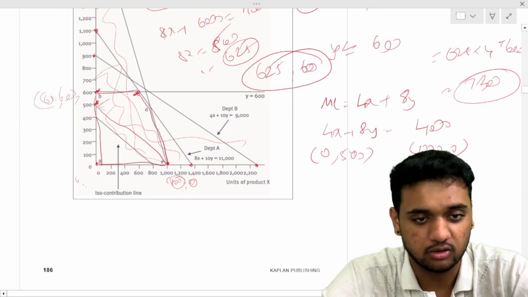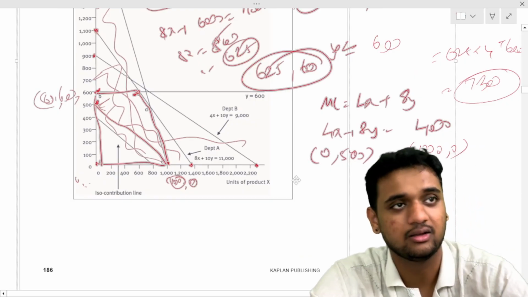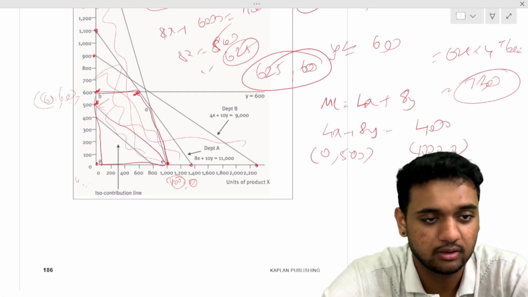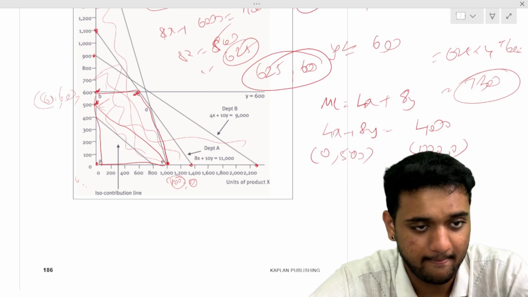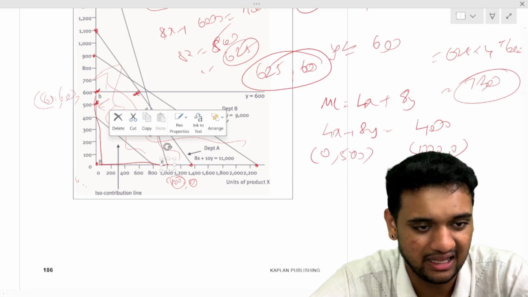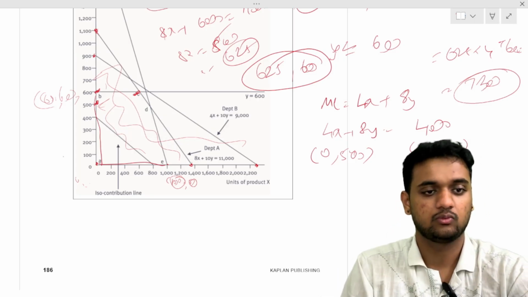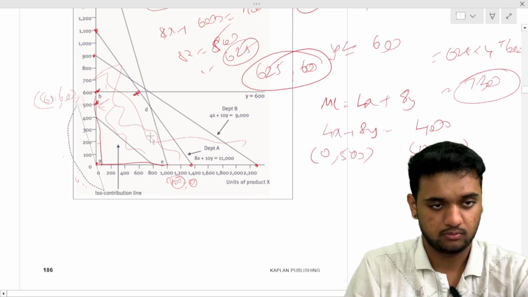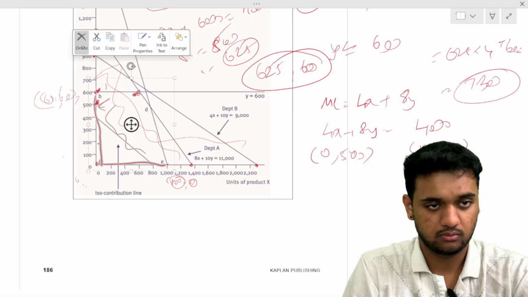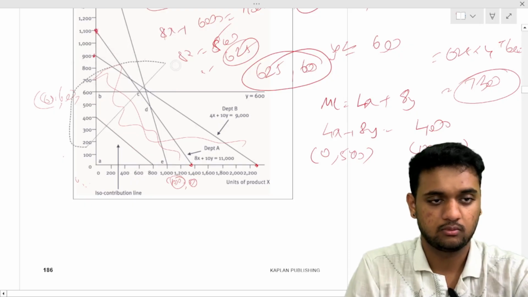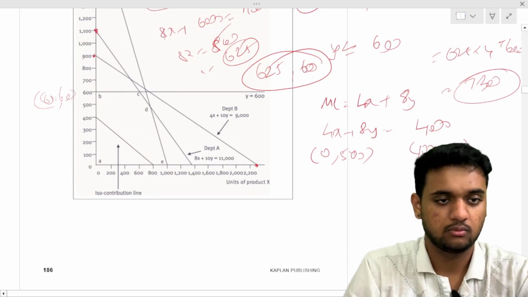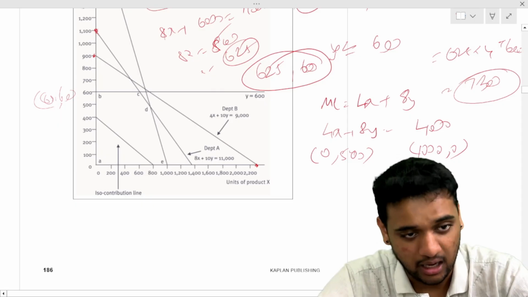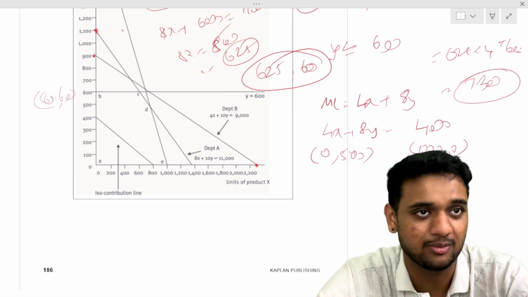In the previous question, we found the feasible region, with points A, B, C, D, and E. This entire region is the feasible region.